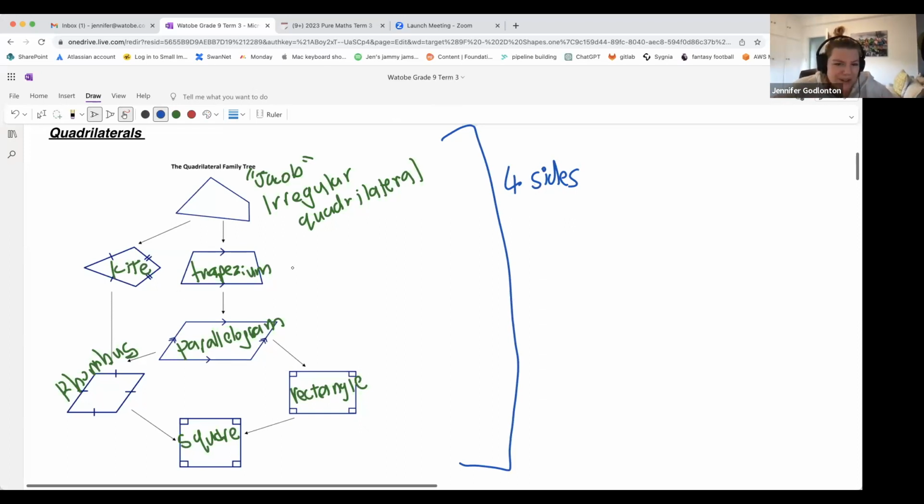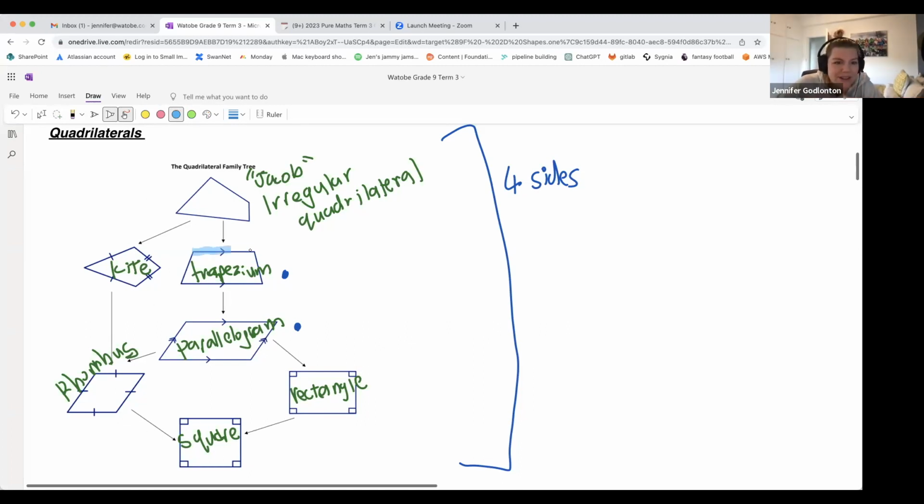Let's see now, what do the trapezium and the parallelogram have in common? This is when we start getting fancy. Opposite sides are parallel.